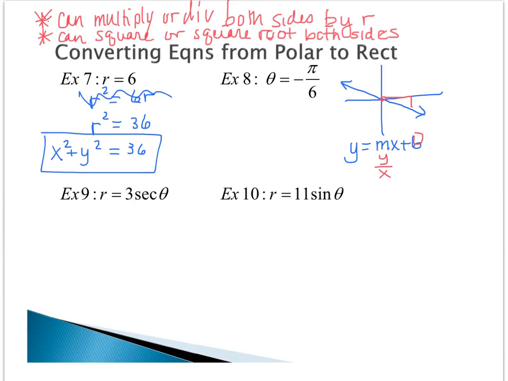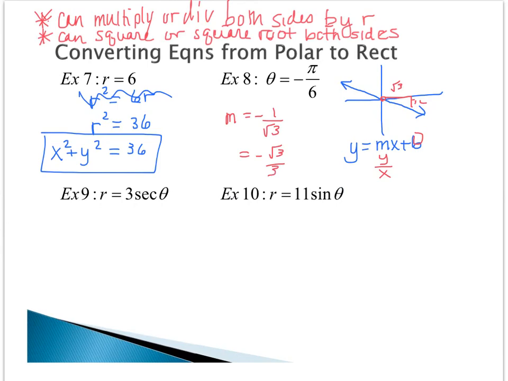Therefore, this is my a, and this is my a root 3. Or I could say that my y is 1, and my x is root 3. And so in this case, my slope is negative 1 over root 3, or negative root 3 over 3.